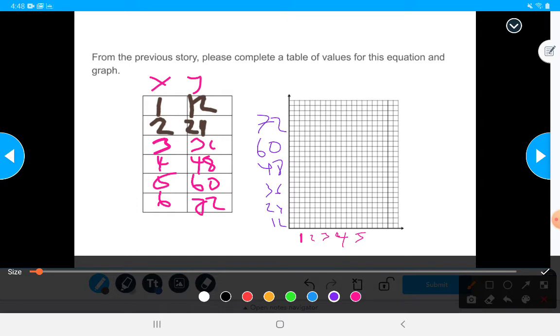As long as these two kind of match up, that's fine. Just draw a right angle between the two. Make sure it's a right angle. And then 72 should go down to 6.